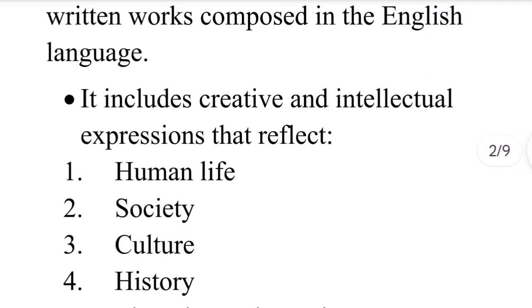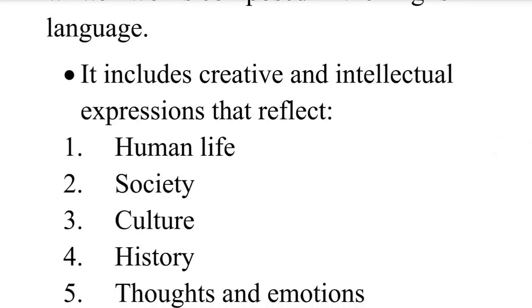It includes creative and intellectual expressions that reflect human life, society, culture, history, thoughts, and emotions. In those works, we can observe human life, society, various cultures, histories, thoughts and emotions expressed by the writers, poets, novelists, and authors.